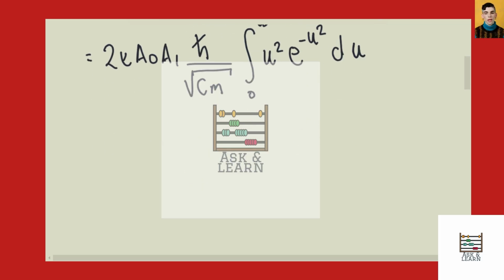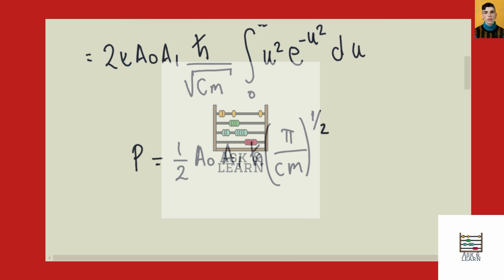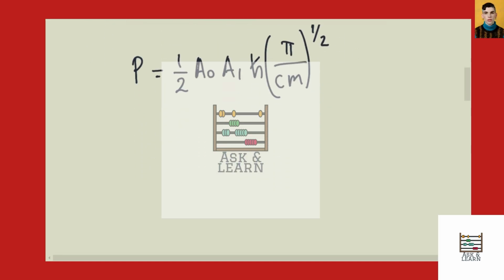Now with this, we can obtain that this integral is 1 divided by 2 times a sub 0 times a1 times h bar times pi divided by the restoring force times the mass, all elevated to 1 divided by 2. Now the normalization constants a0 and a1 are determined by the following.